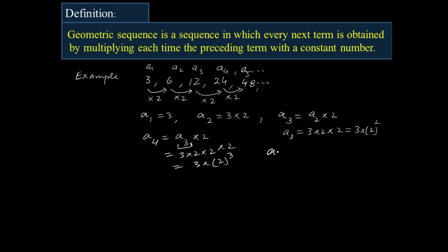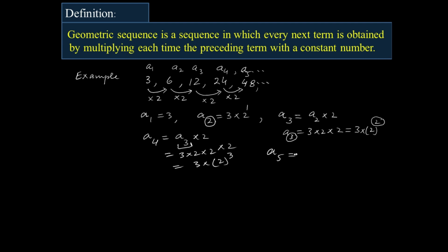How can this be obtained? For the third term, here the term is 3 and the power is 2, 1 less than 3. Over here the term is 2, but the power of 2 is 1.